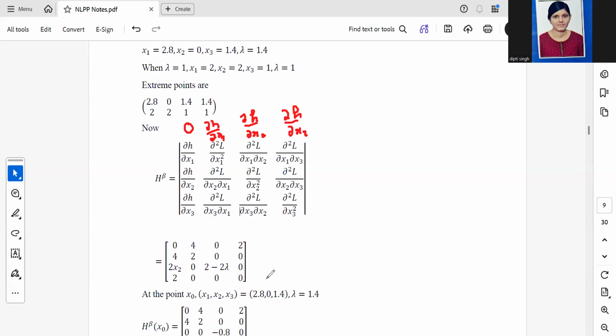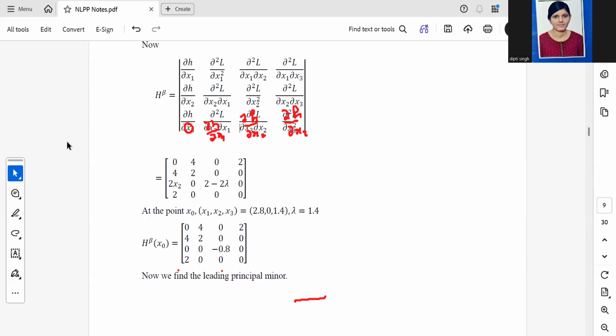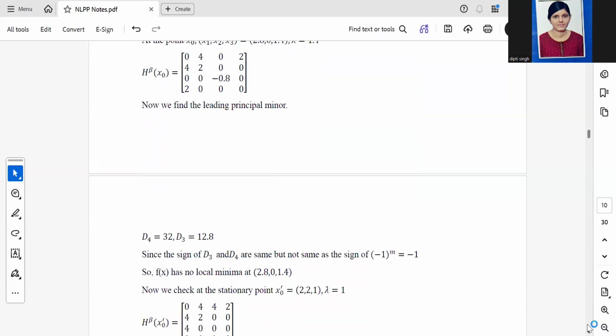First we calculate the bordered Hessian matrix at the first extreme point, which is 2.8, 0, 1.4, when lambda is 1.4. Just put the values of lambda and x2 here. Now we calculate the leading principal minors. We obtain D4 is 32 and D3 is 12.8.